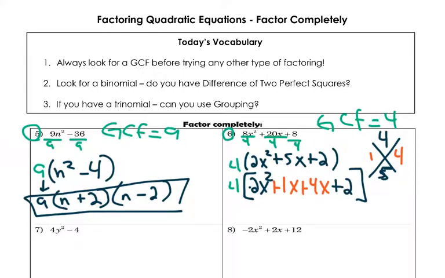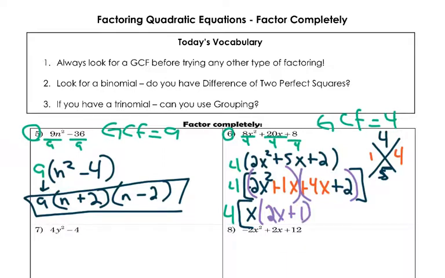And then I can make my parentheses by grouping. Again, I'm going to keep my 4 on the outside, and all the work is going to be done inside the bracket. Then I would find the GCF between 2x squared plus 1x, and that would be x. And the left hand side would be 2x plus 1.